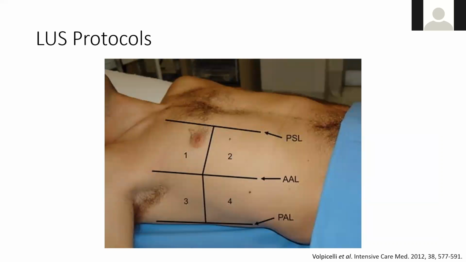The International Consensus Conference in 2012 defined an 8-zone sonographic technique, 4 zones per side in the anterolateral chest wall, as a better assessment for interstitial syndrome. However, that too may be insufficient, as many forms of ILD start by affecting the lung bases predominantly, and so a lot of the characteristic pleural pulmonary findings may reside there.